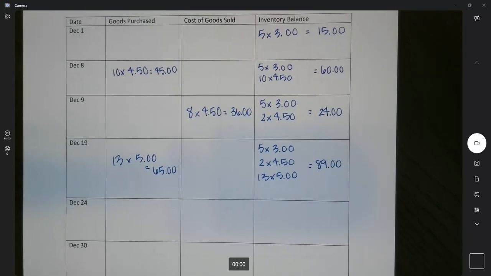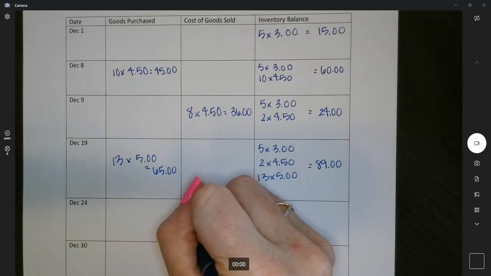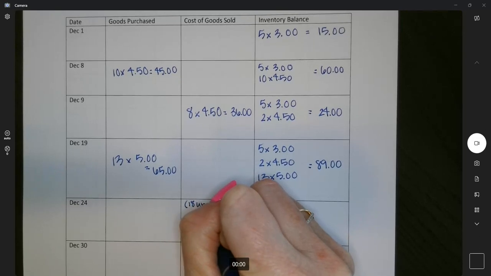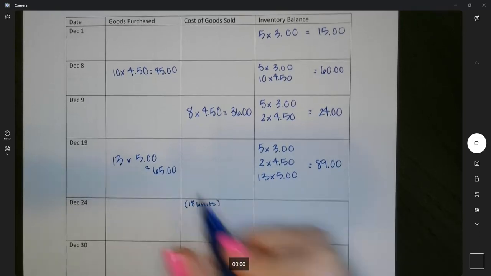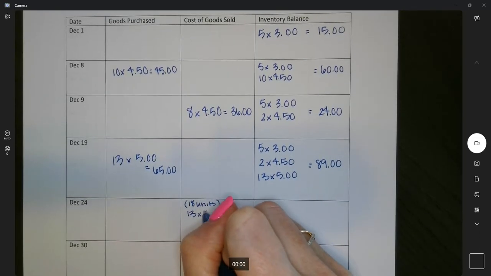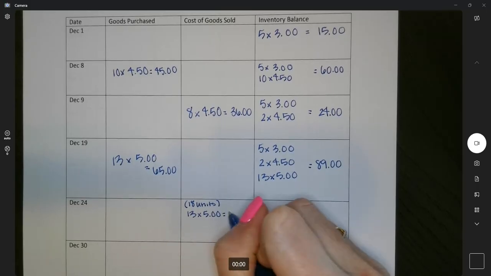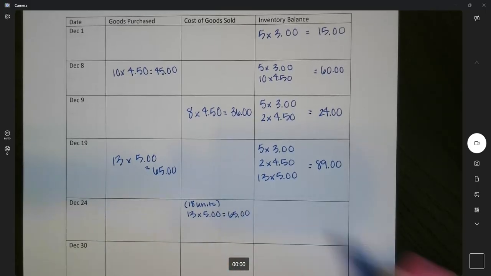Moving forward, on December 24th, we sold 18 units. We're going to start at the end and work our way backwards. I'm just going to put up here 18 units. So we'll start with the 13 at $5, which is $65.